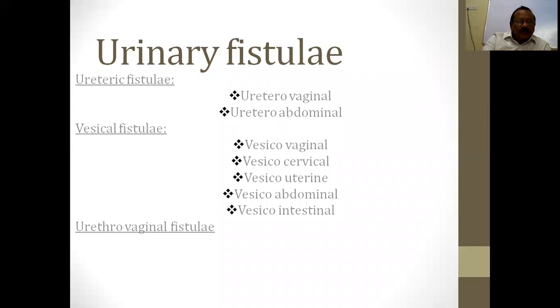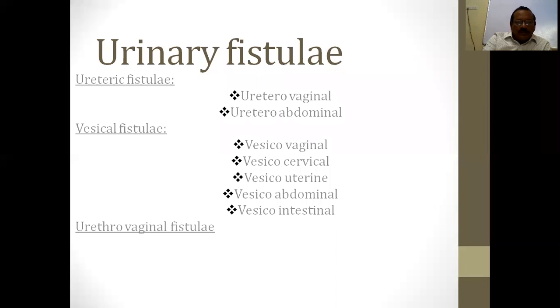Urinary fistulas may be ureteric, vesical, or urethrovaginal fistulas. The ureteric fistulas are ureterovaginal and uretero-abdominal. That is, an abnormal tract between the ureter and the vagina, or between the ureter and abdomen.